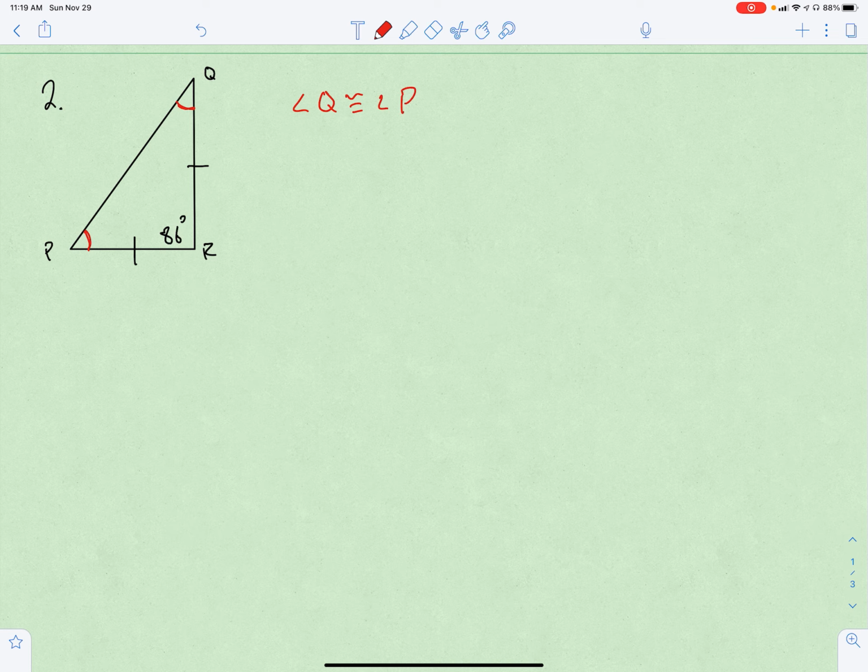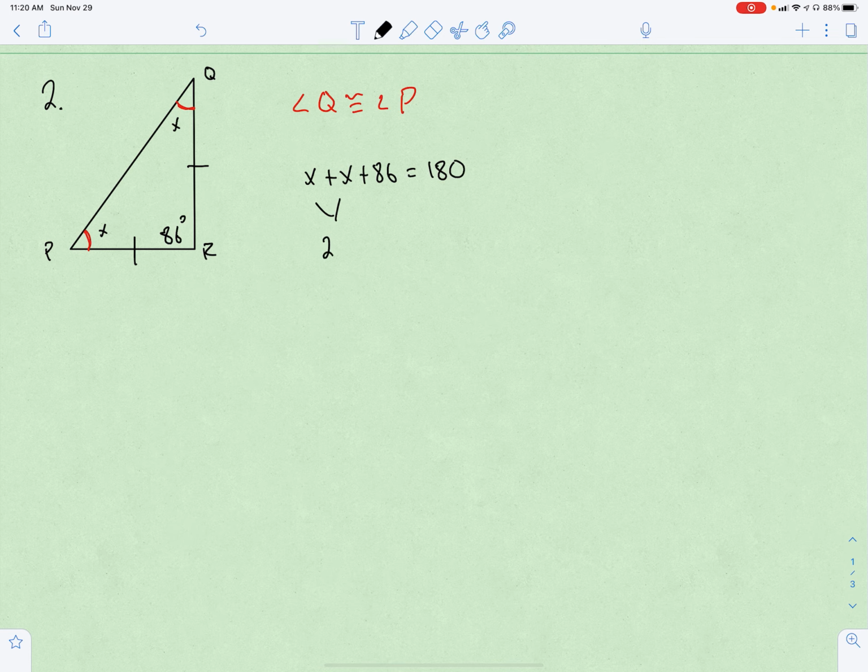Again, in this particular example, we do not know what the angles are, so we're going to go ahead and label those X because we don't know what they are. And again, we're going to solve by adding these up and setting it equal to 180 because we know the angles inside of a triangle add up to 180. So we'll take X plus X plus 86 is equal to 180.